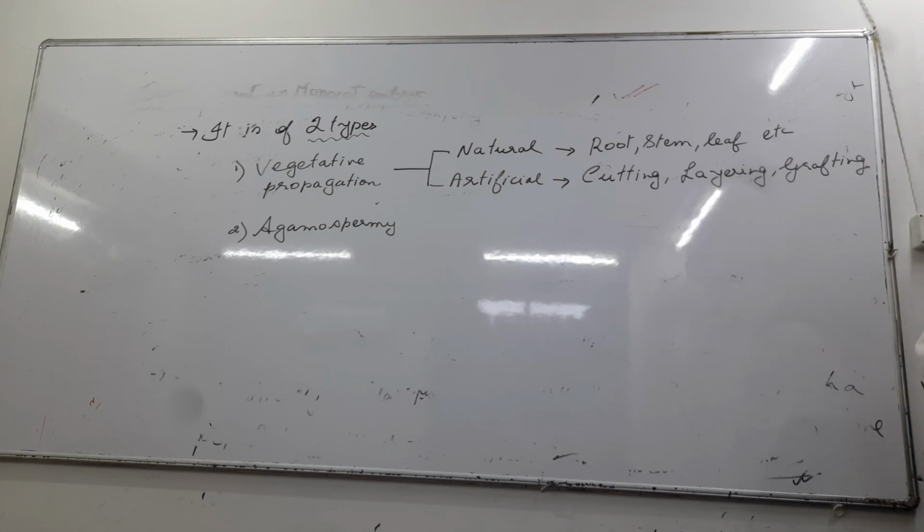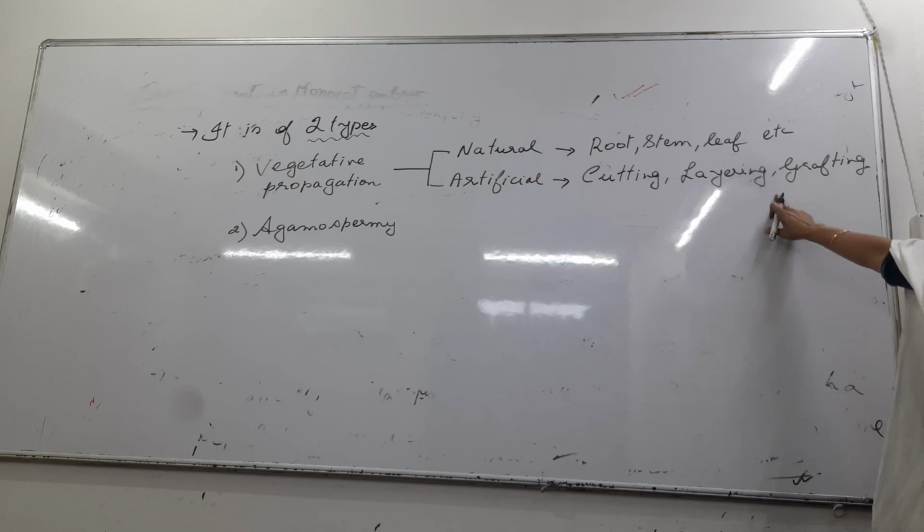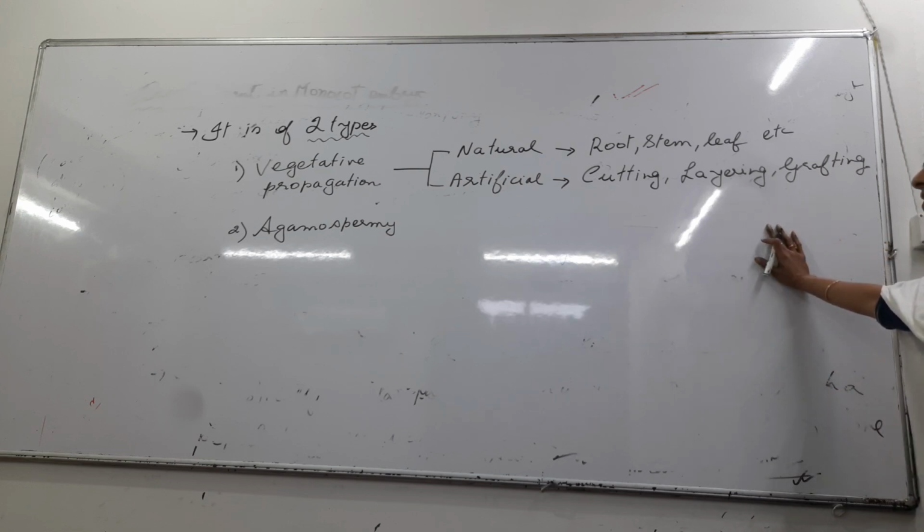Since we said apomixis is asexual reproduction, vegetative propagation means reproduction by vegetative parts, so obviously the offspring will be the same as the parent, right? Vegetative propagation is a means of asexual reproduction, and it could be natural or artificial. Artificial methods of vegetative propagation include cutting, layering, grafting, etc.